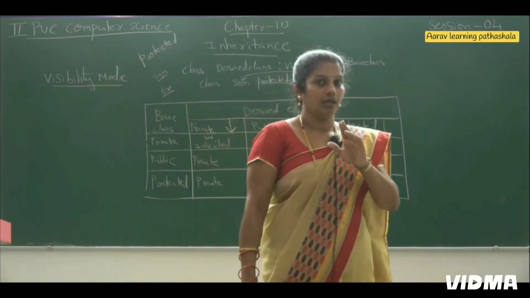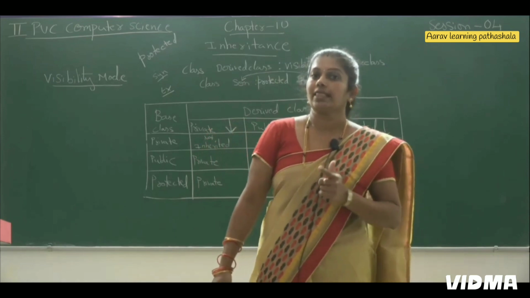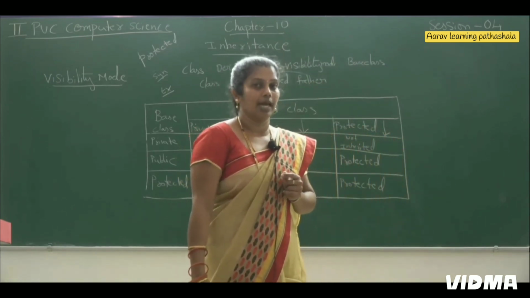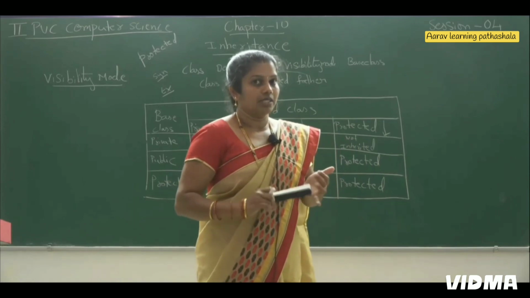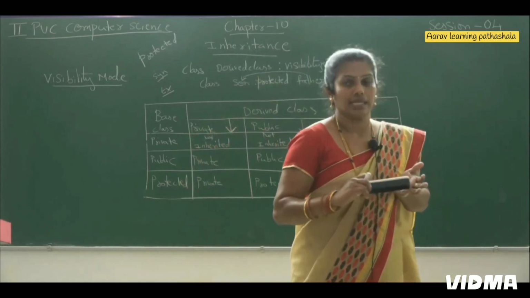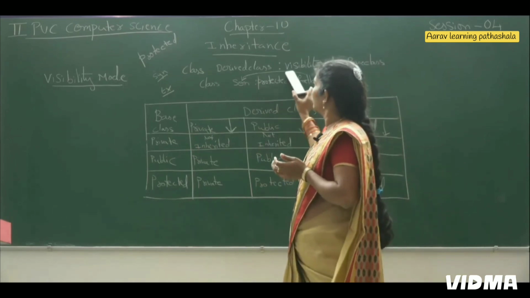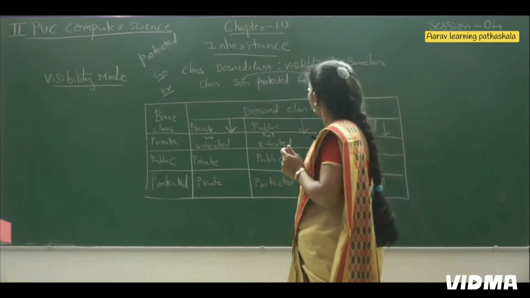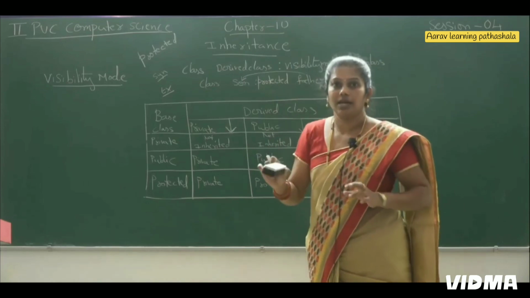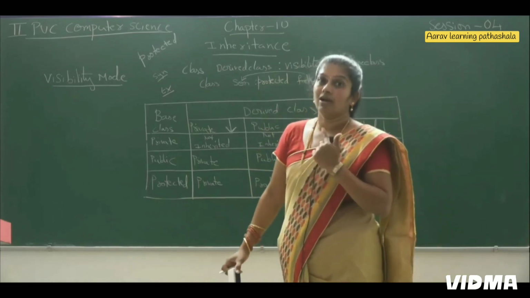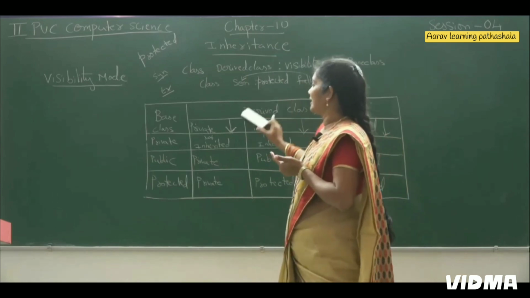It means that the visibility mode controls the access specifiers of the members of the base class in the derived class. From this you come to know how we are able to access. That's why, if we give the visibility mode private here, we cannot access the data from the base class in the derived class. That's why in the program we use the visibility mode public. In that case we can access.